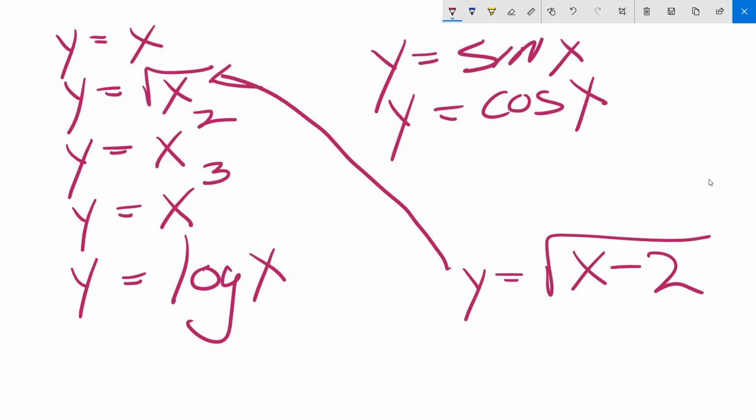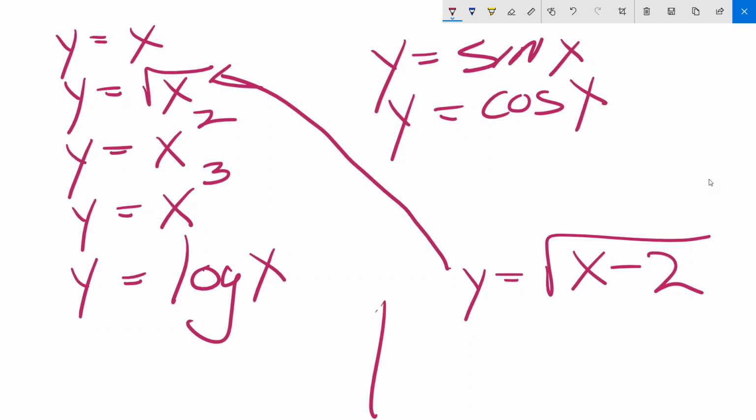Yeah, 2 units to the right. Since the 2 is inside the function, it is a horizontal transformation. Since the 2 is being subtracted, it is a horizontal shift, and it's a shift to the right by 2 units.